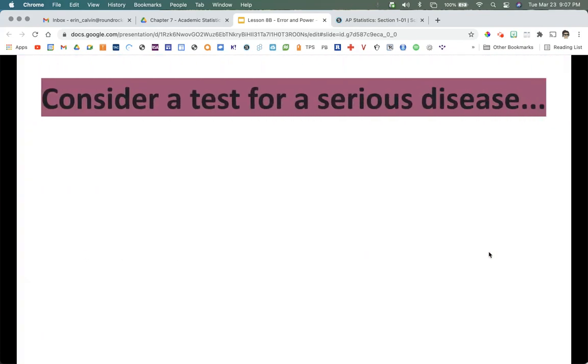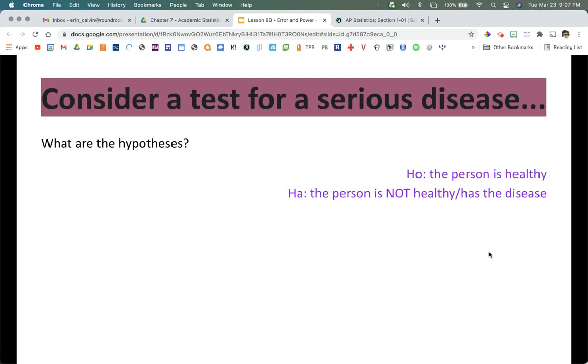So let's go ahead and talk about this in some context. Let's consider a test for a serious disease. In a test for a serious disease, we have two hypotheses. Our null hypothesis in that test is that the person is healthy.